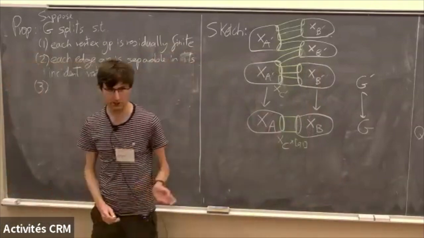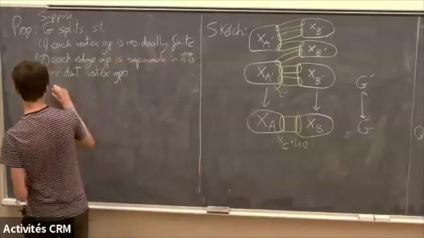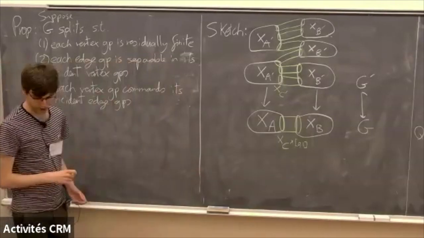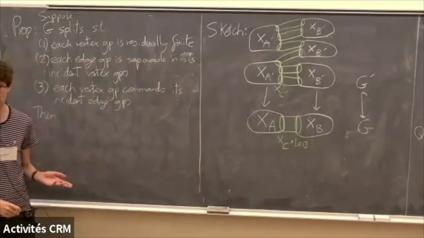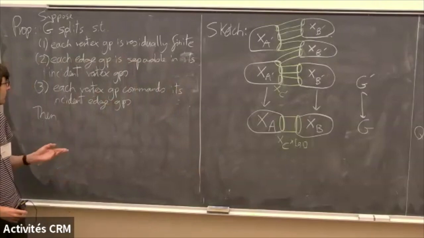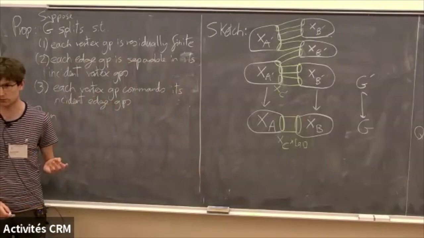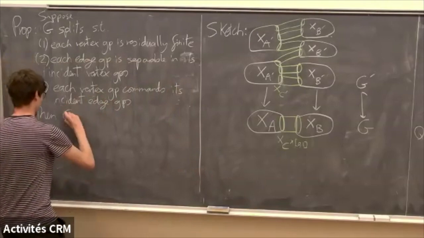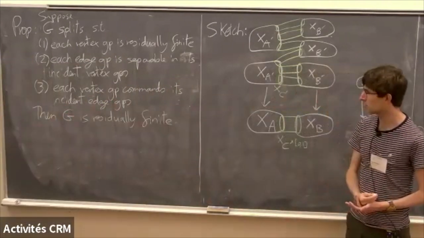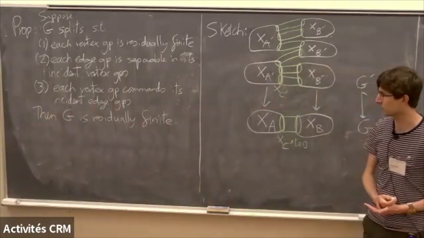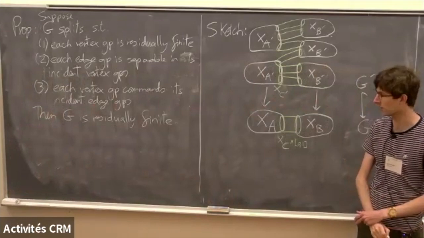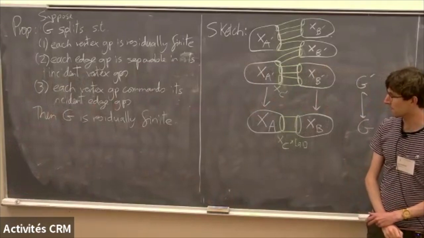And then 3, the commanding hypothesis, that each vertex group commands its incident edge groups. Then G is residually finite. So that's an example of something you can show using this commanding property.